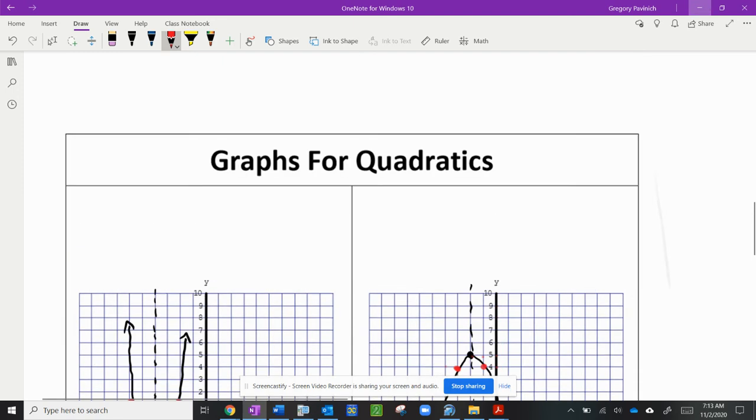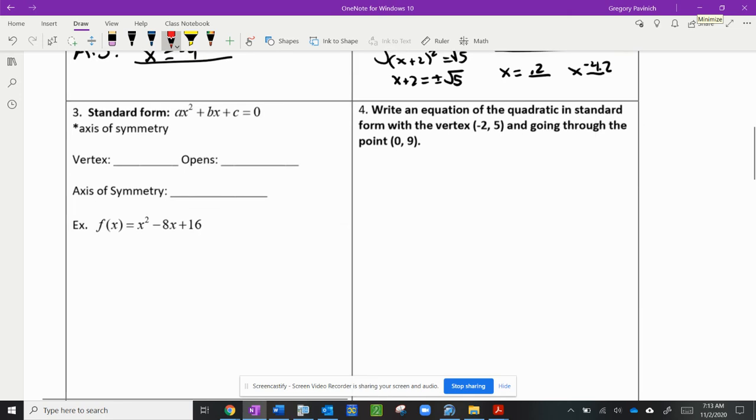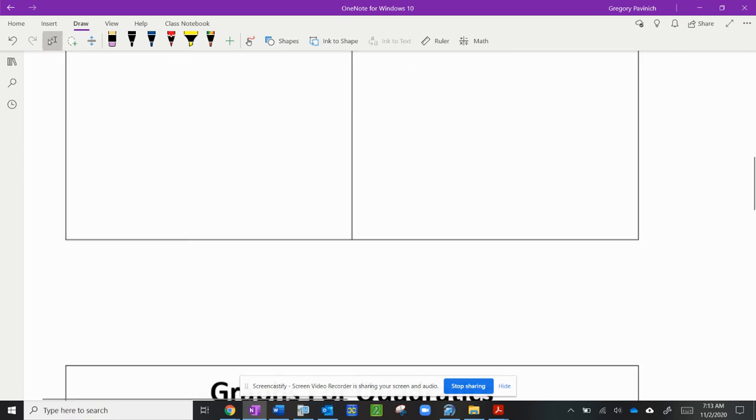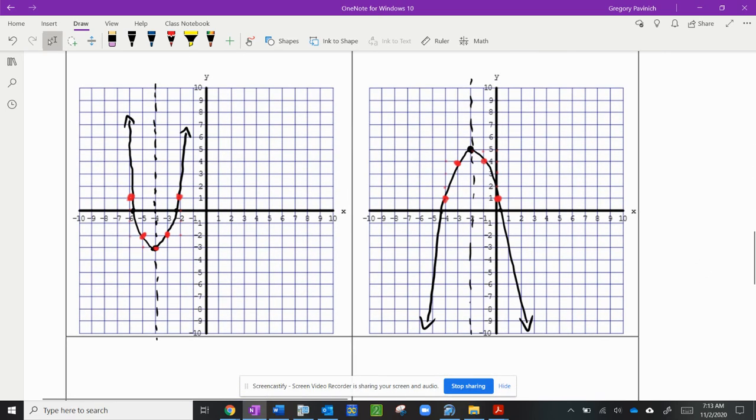Okay. Now my next is standard form, where I'm going to use the axis of symmetry to be able to get the graph. So notice on all of these, my axis of symmetry goes through my vertex. So if I know the axis of symmetry ahead of time, then I know the x value of my vertex, right?